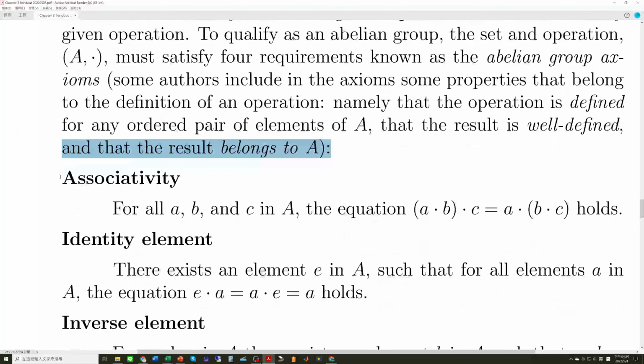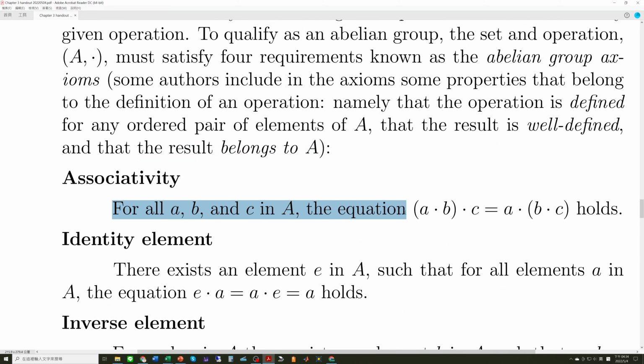Okay, the first one is the associativity. For all a, b, and c in A, the equation (a dot b) dot c is equal to a dot (b dot c) holds.